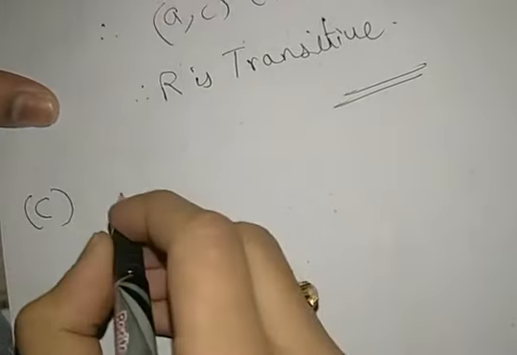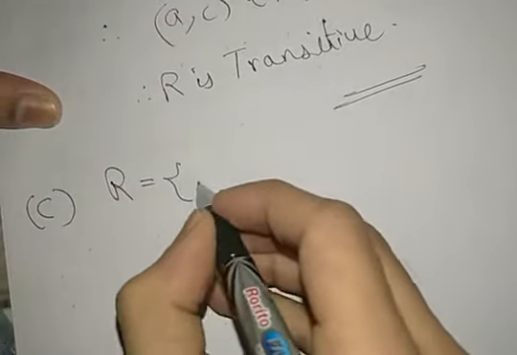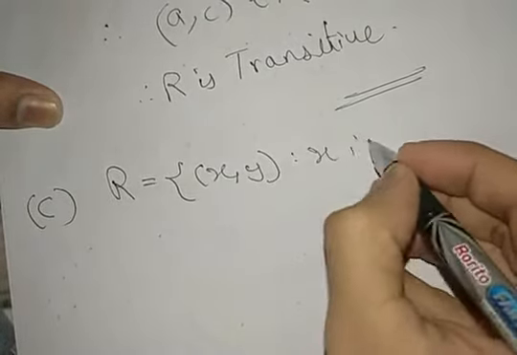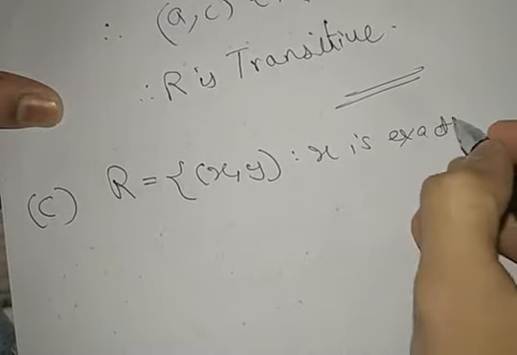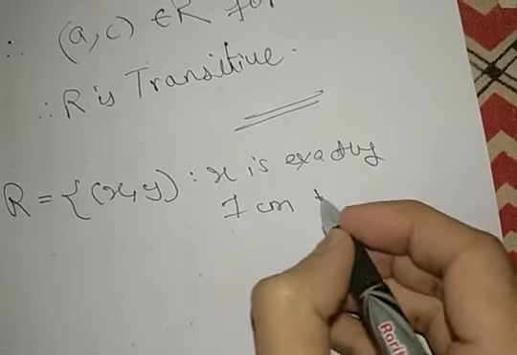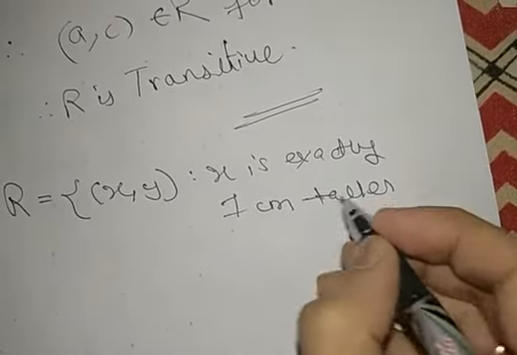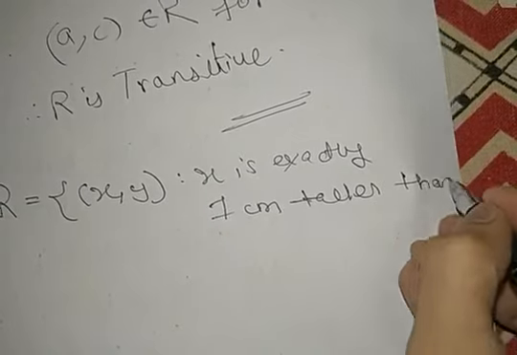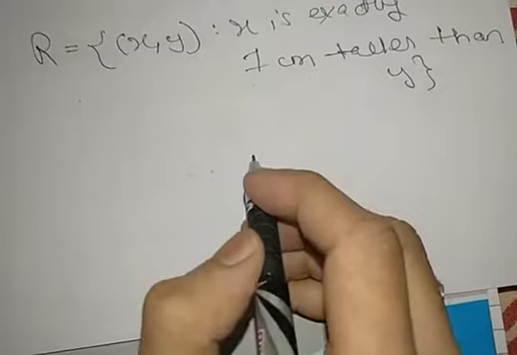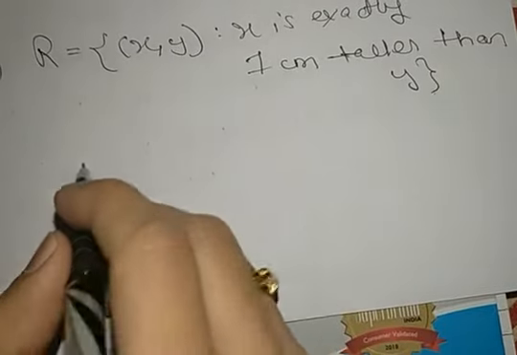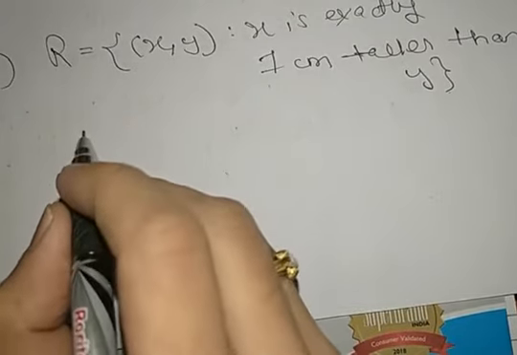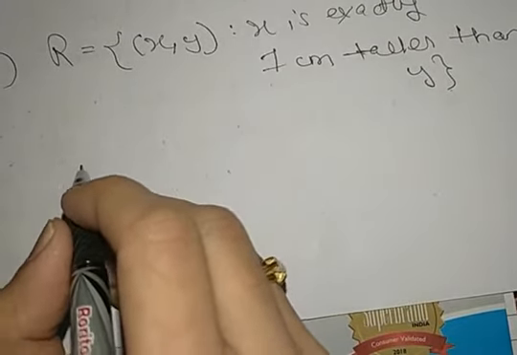The relation R is given to be the set of all (x, y) such that x is exactly 7 centimeter taller than y. Now we have to check whether this R is reflexive, symmetric or transitive.